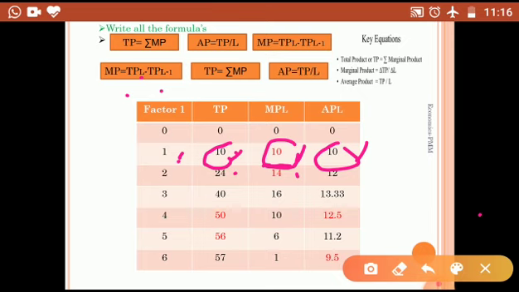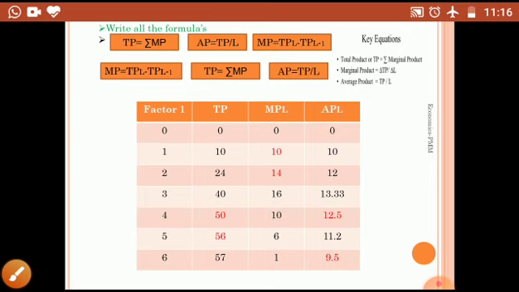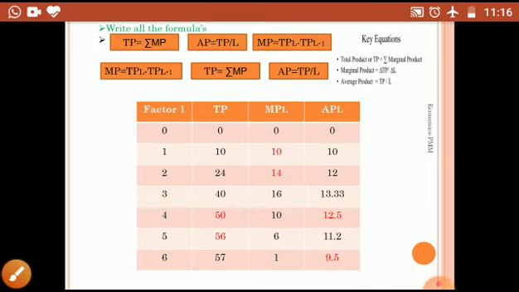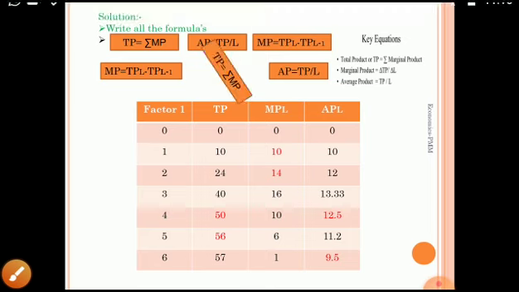Is it clear? Moving on to the next. Now you already understood 24 minus 10 is 14. Now this completes our marginal product.